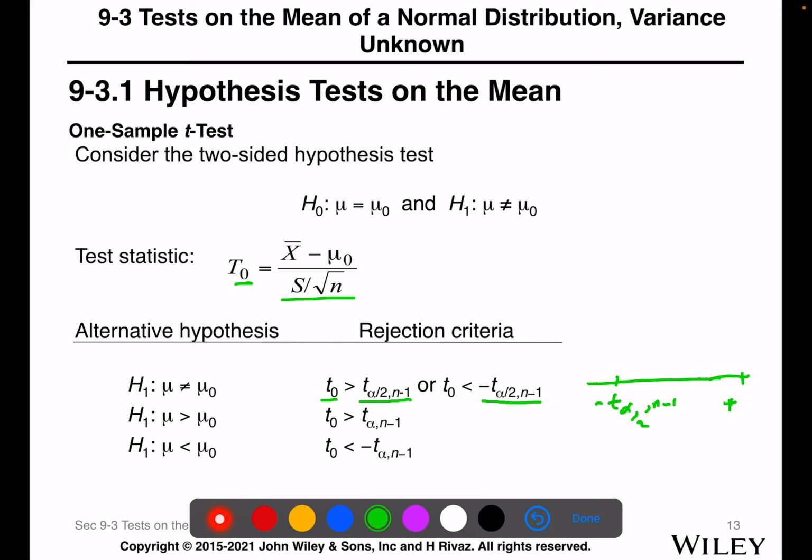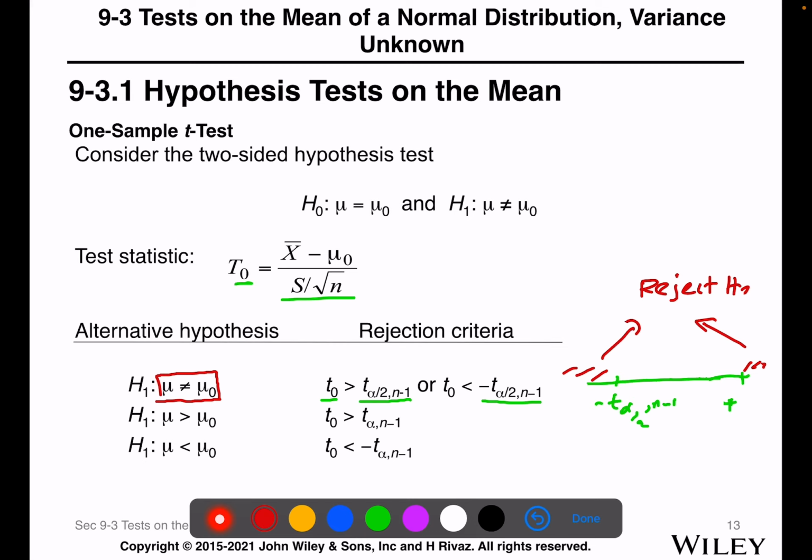If we are here or here, in these two cases, we reject. And that's the case for the alternative hypothesis being double-sided, right?